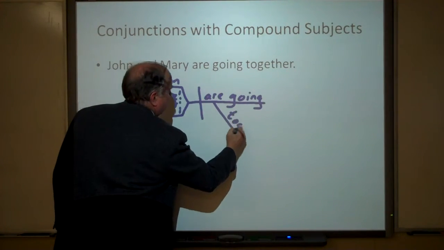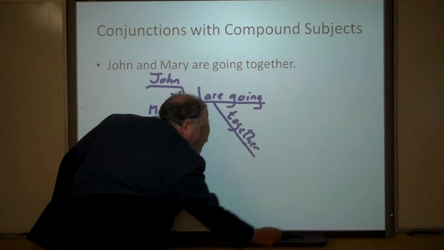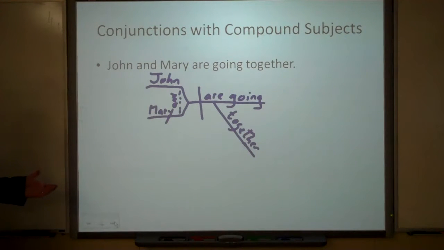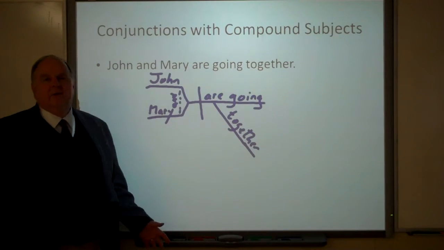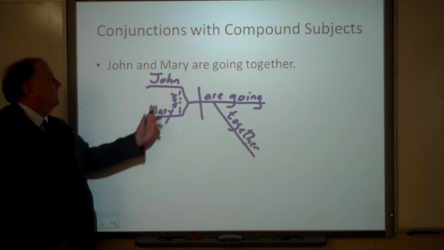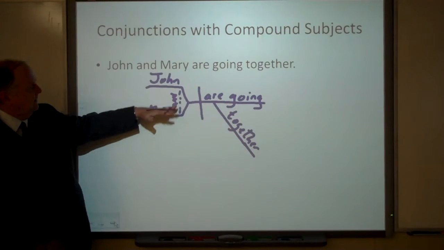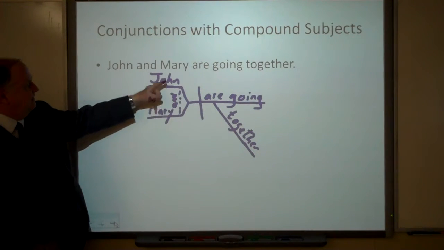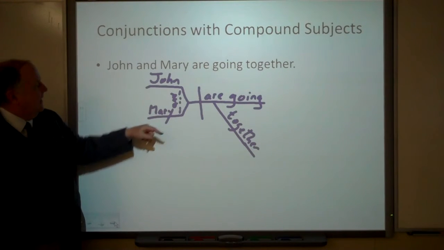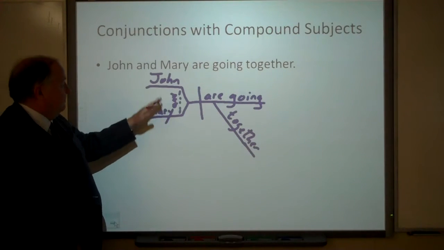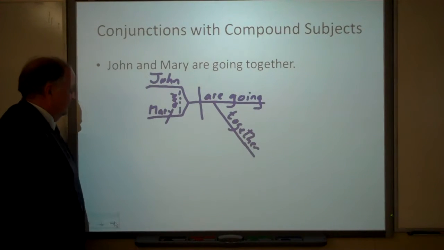Then together is an adverb modifying going; it answers the question how. So, conjunction with the compound subject: you split the subject line, put each compound item on a separate line parallel to one another, and then a dotted line perpendicular with the conjunction.